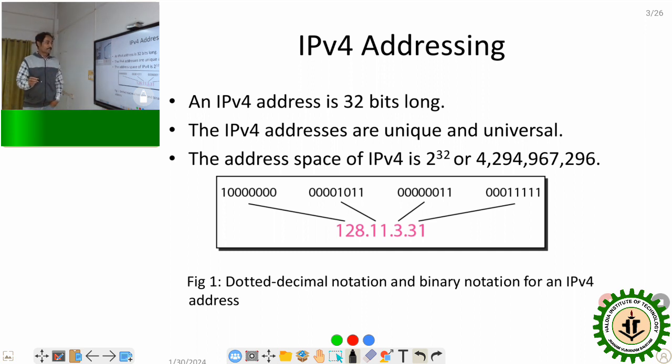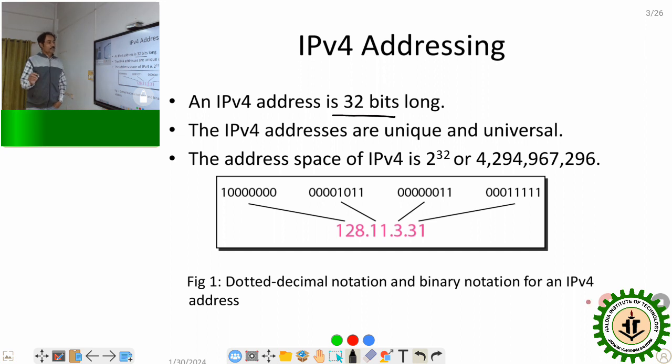More precisely, we are going to discuss logical addressing with IPv4, because there is another version of IP, which is IPv6, and I am not going to discuss that. With IPv4, we have 32 bits to represent an IP address.